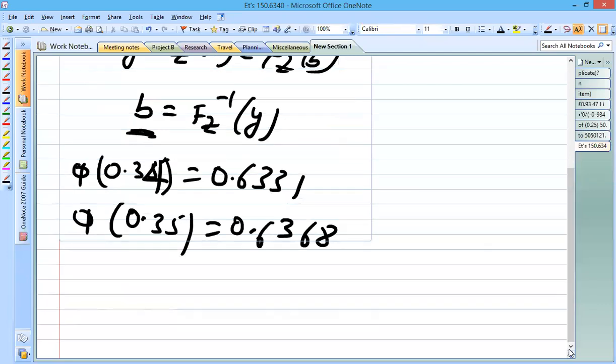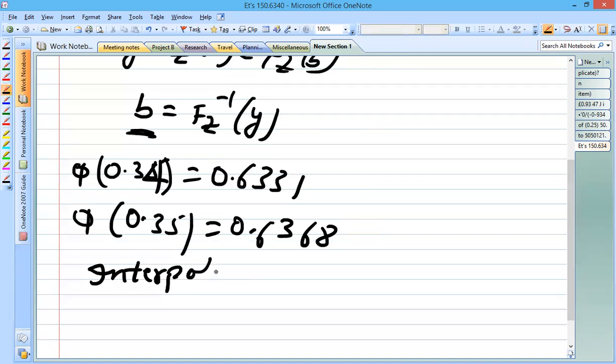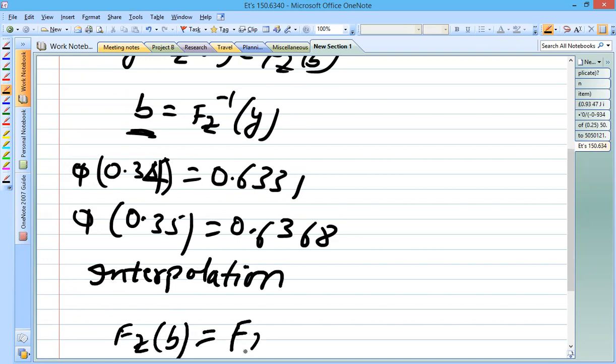Now use the interpolation method. The interpolation method has to be used in order to get the value of b. So here we have Fz of b, which is given. The first value is 0.34, for which we have obtained 0.6331.